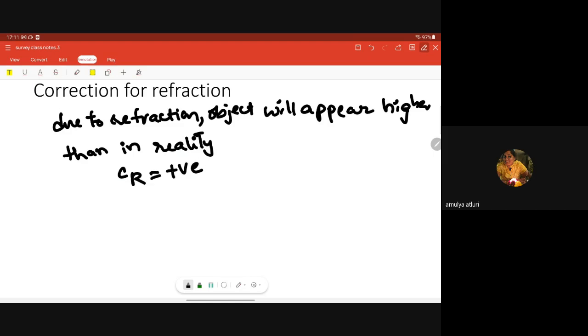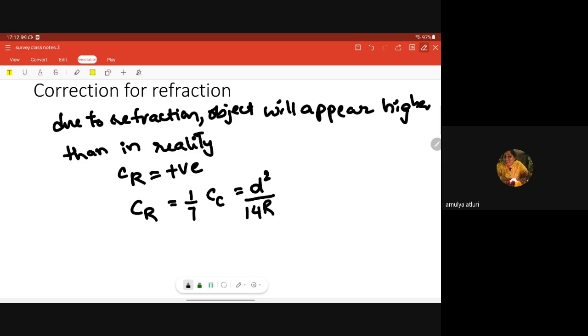So how do we calculate the coefficient of refraction CR? It is calculated using this formula. It is equal to 1/7 of CC. If we substitute CC here, then it is d square by 14r.